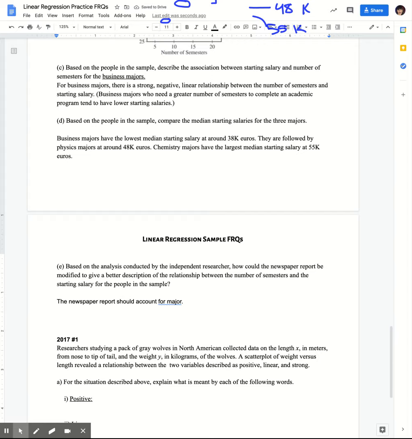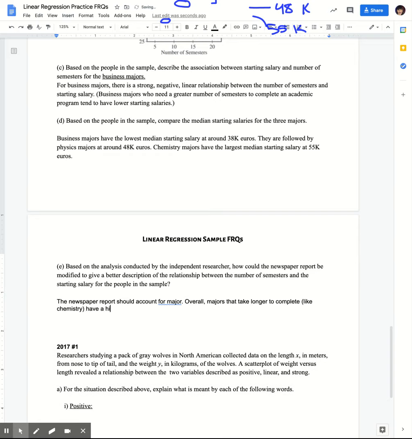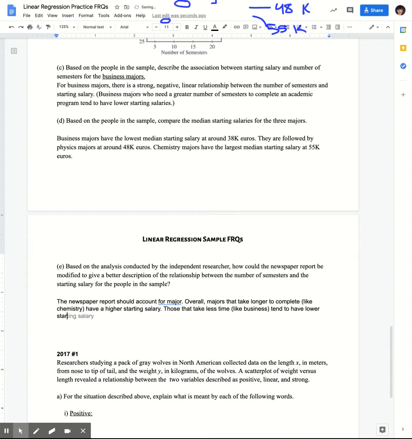major, right? And then you just have to explain essentially what I just did, which is that overall, majors that take longer to complete, like chemistry, have a higher starting salary, those that take less time, like business, tend to have lower starting salaries.